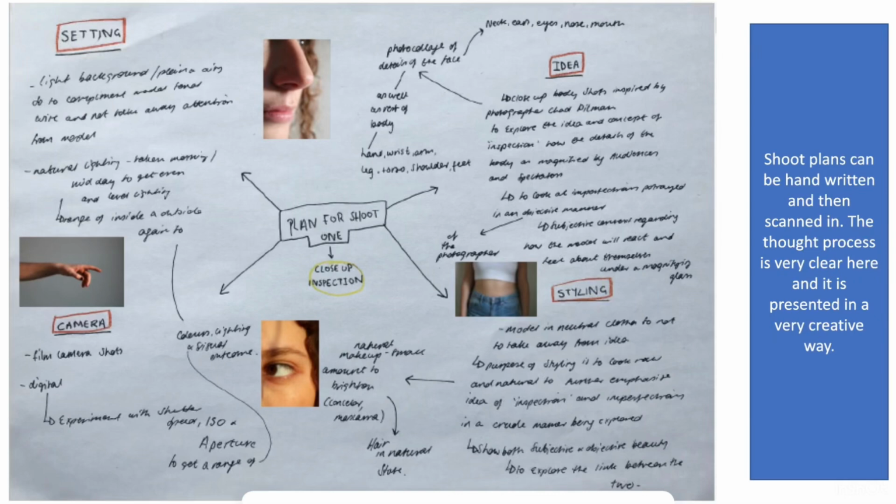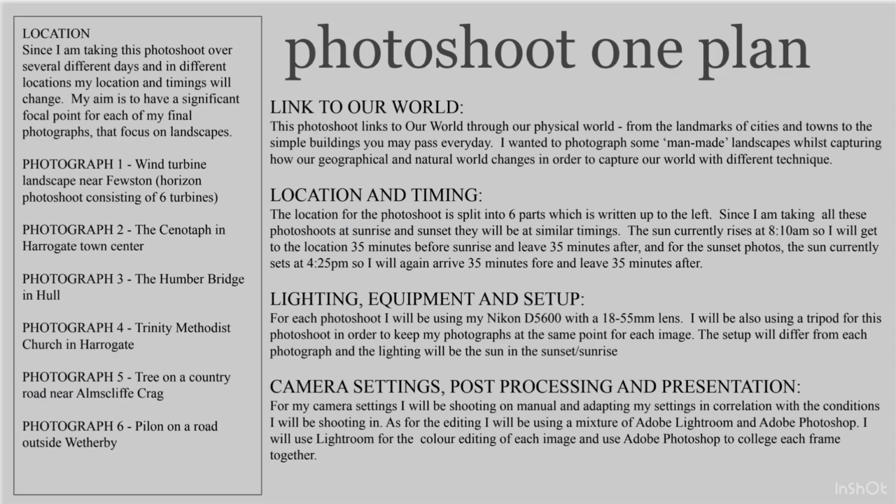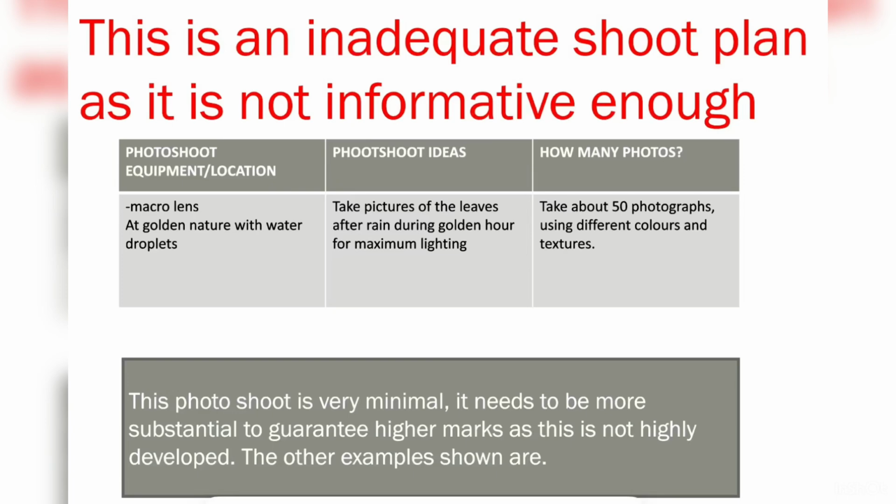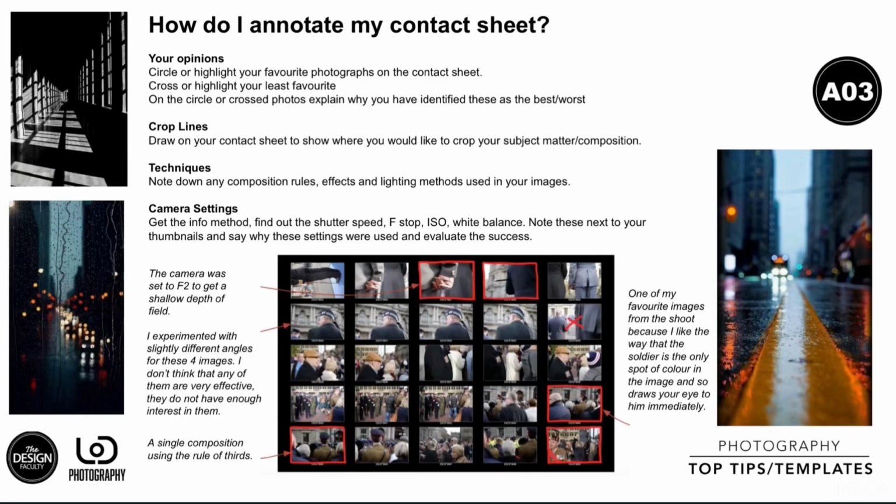Combining notes and annotation with imagery is always a good idea, but the shoot plan should outline things like the location, the camera settings, the lighting setup, the time of day, and to encourage students to collect everything they need for their shoot. This is a poor example of a shoot plan, as it doesn't explain any of the important things and wouldn't generate high marks.